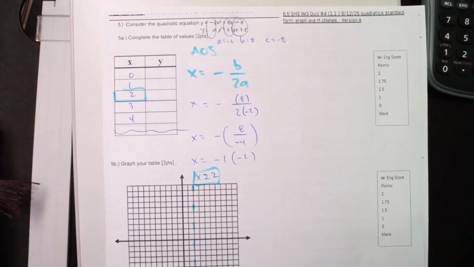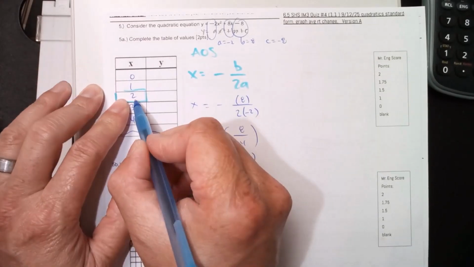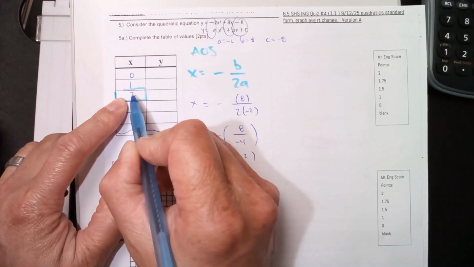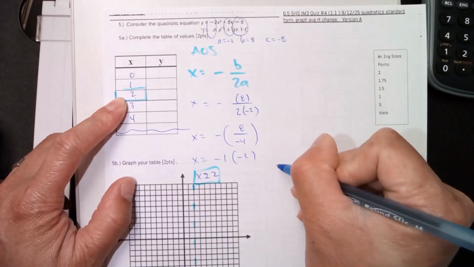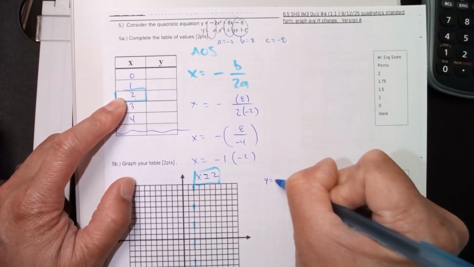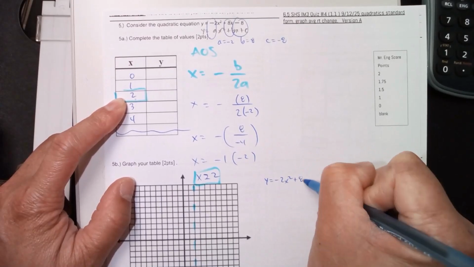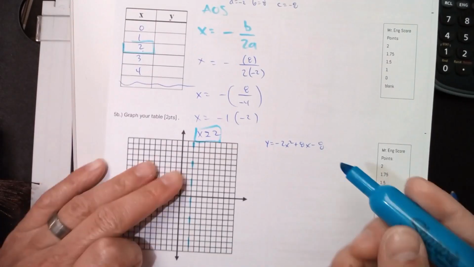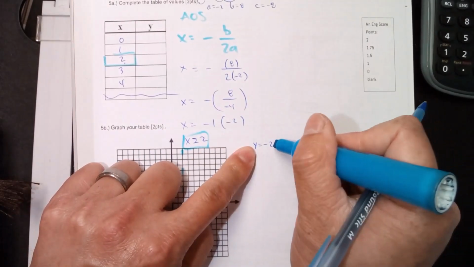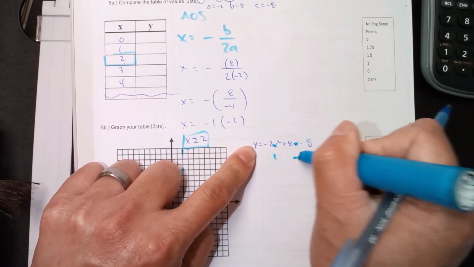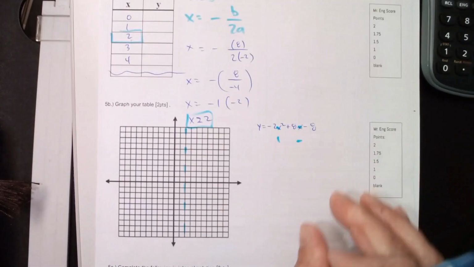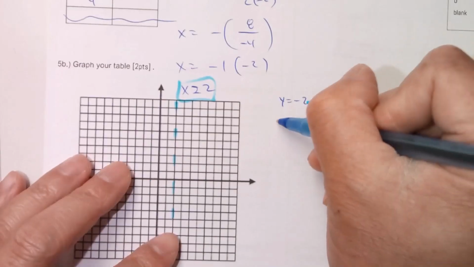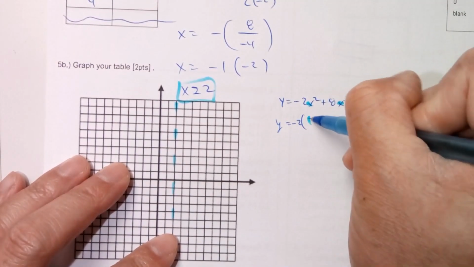I'm just going to put in 2 in there. I'm going to put 2 into this equation, so let's go ahead and do that. Just recopying it. And doing so will find me the y value. So y equals negative 2 times 2 squared plus 8 times 2 minus 8.